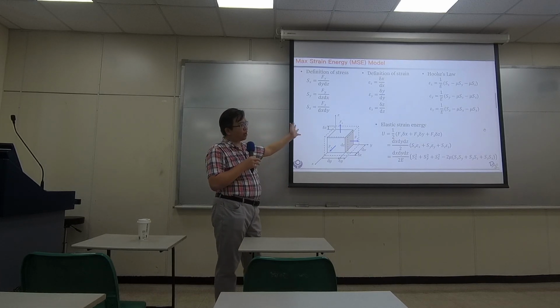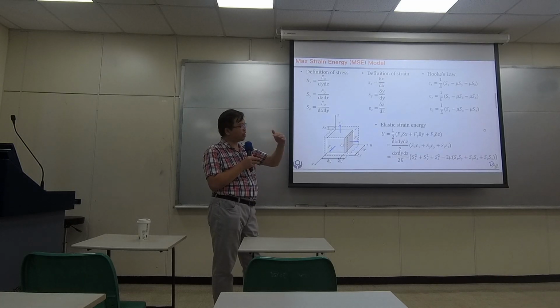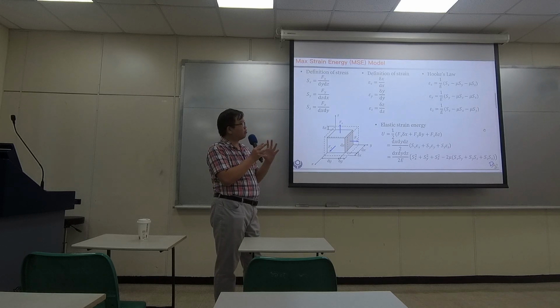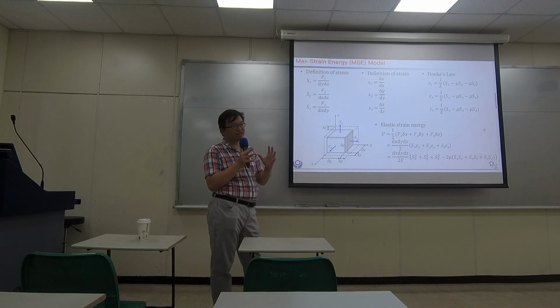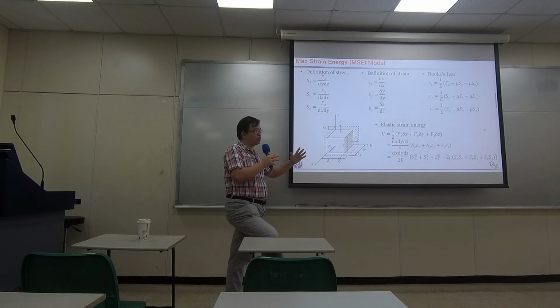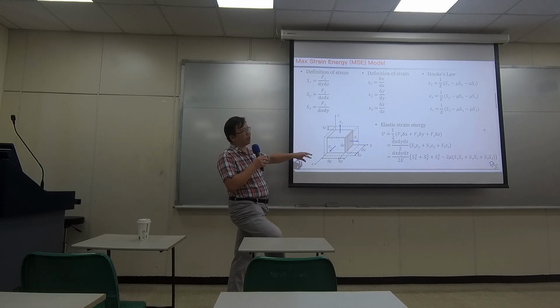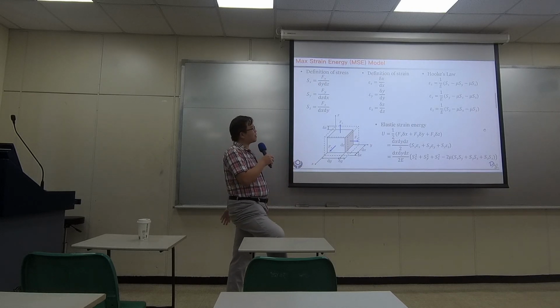Similarly, right here we are assuming whatever force we are applying, we are keeping the amount of force within a certain range, so our material remains elastic. So we're staying in the elastic region. The linear relationship between the stress and strain is still there. Okay?